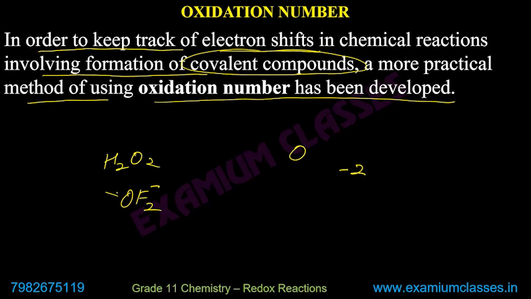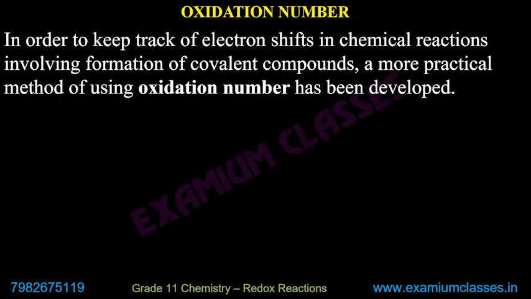Oxygen is comparatively electropositive. Since fluorine is more electronegative, oxygen cannot have a negative charge; it must have a positive charge. So this cannot be explained on the basis of valency. For that, we have the oxidation number concept, which is similar to valency, but it actually talks about how many electrons are getting transferred. Simple. So it's a method to keep track of electron shifts.